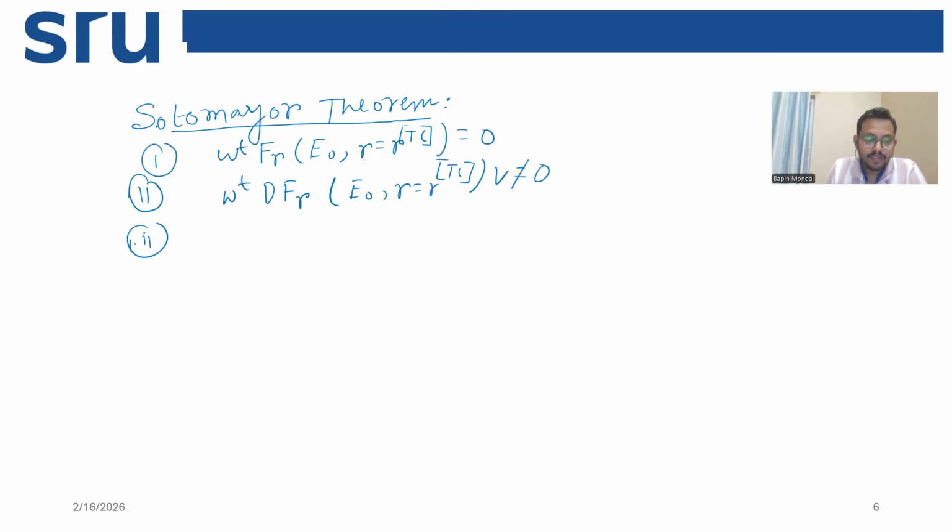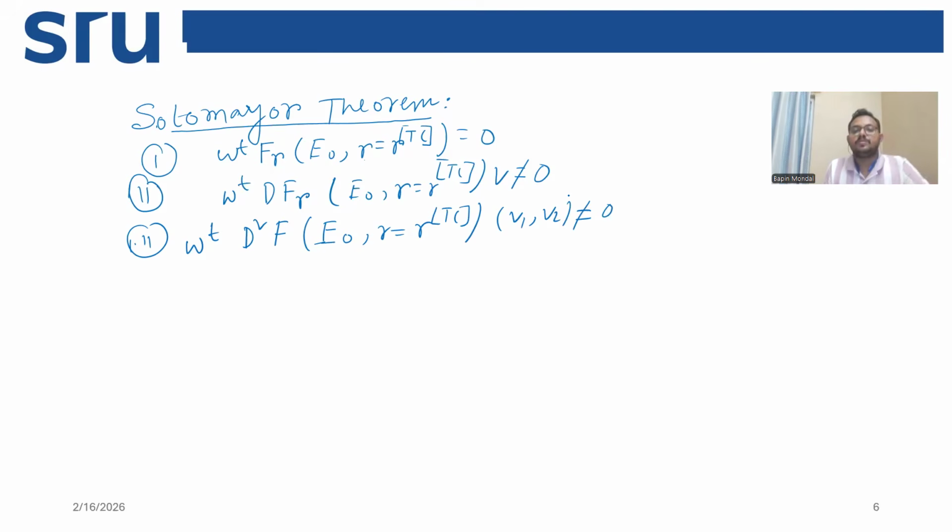And the third one is W transpose [D squared F (V, V)] at R equal to R_TC, with V1 V2 not equal to 0. These are the three conditions we want to check step by step.